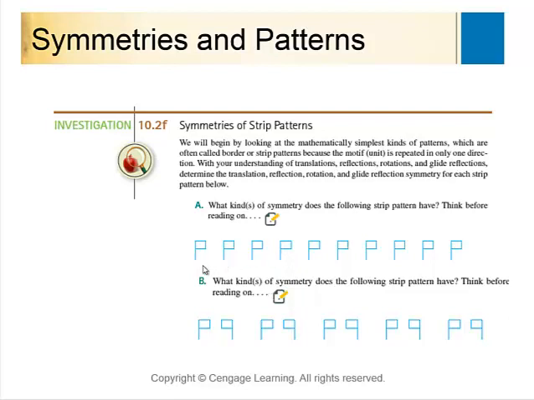In A, what we have is just a pattern that is just sliding along, and this one would be called a translation vector. Now the B part is pretty fun, because if you were to draw a line straight through here, notice you could just flip it over and the pattern would repeat to here.